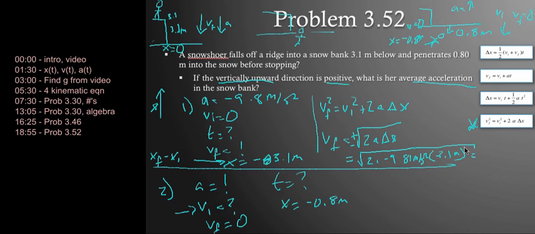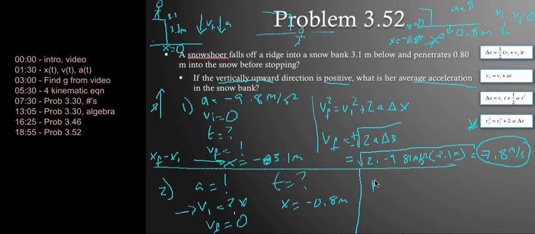So this is going to give us a final velocity of 7.8 meters per second. Now we know her final velocity here, and that's going to end up being her initial velocity here. So we just end up plugging this in over here. Now all we need to do is find this a. This t is the one that I don't care about, but we do know x, so we're actually going to end up using this equation again.